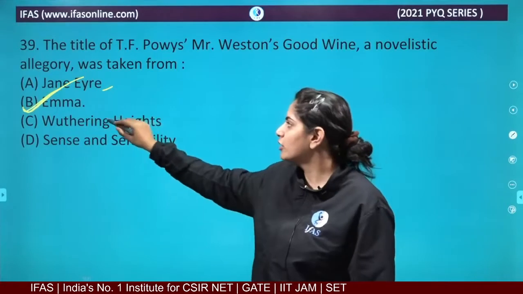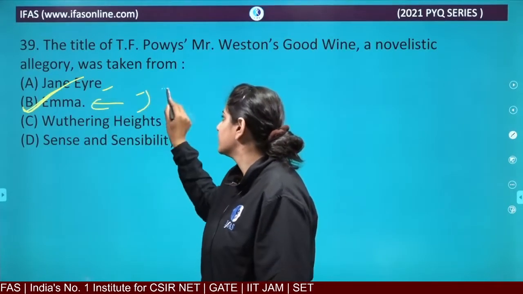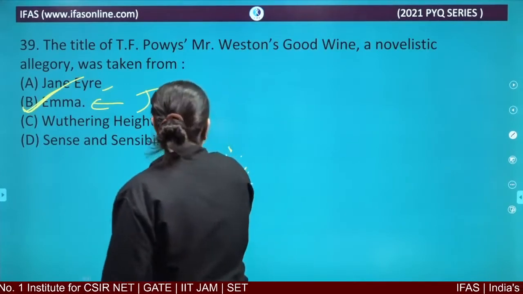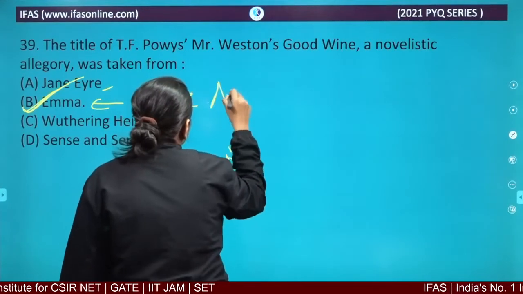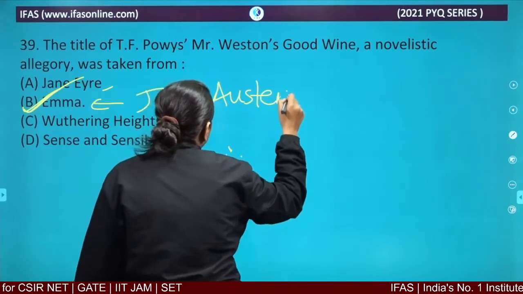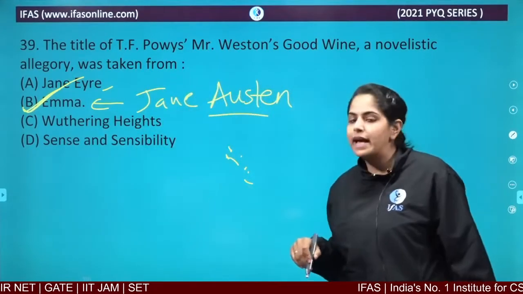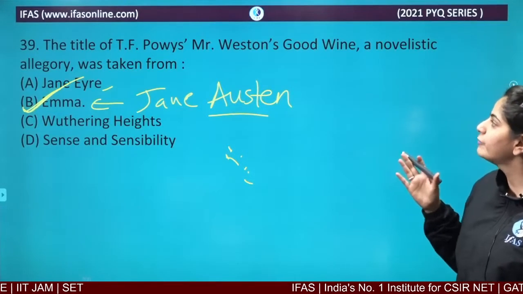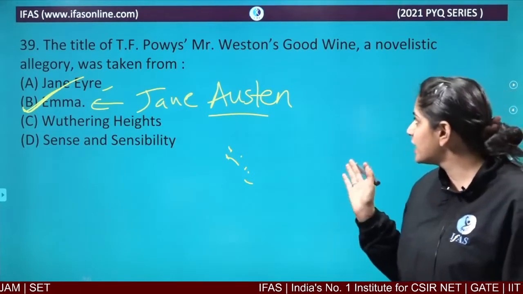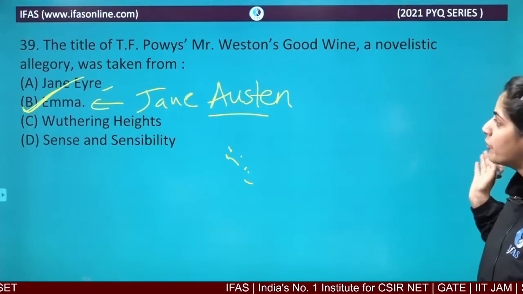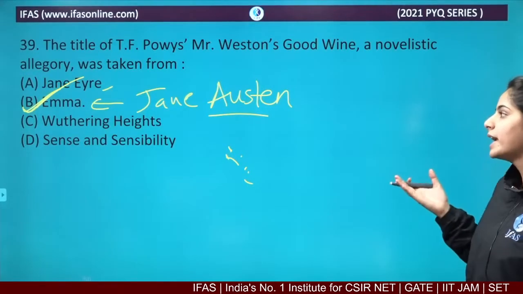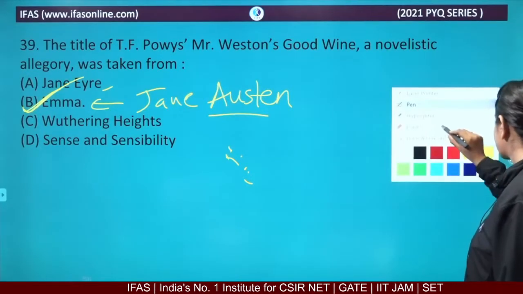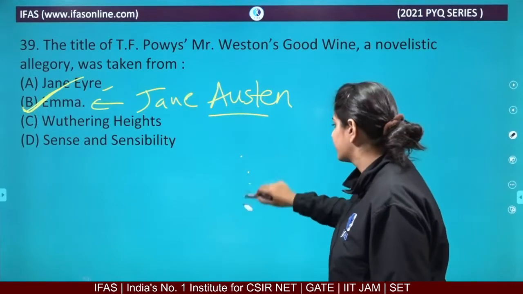It's Jane Austen. Okay, so Jane Austen has written Emma, and the title of T.F. Powys's Mr. Weston's Good Wine, the novelistic allegory, was taken from this book Emma. Okay, remember this.